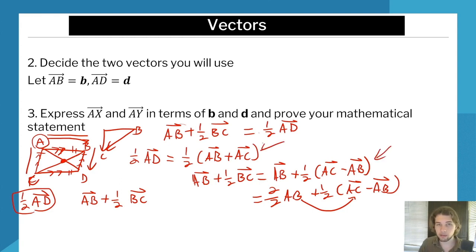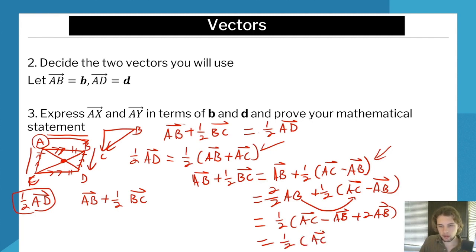If they're exactly the same, this proves that these two positions are exactly the same. So we move this AB into these brackets, becomes 1/2 (AC minus AB plus 2AB). Put our vector lines on top, and that ends up creating A to C plus A to B.